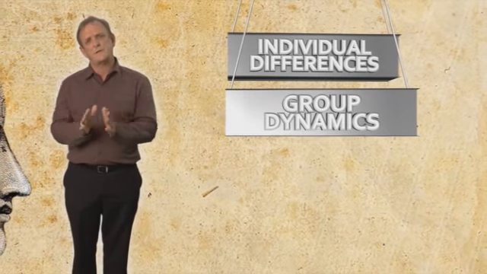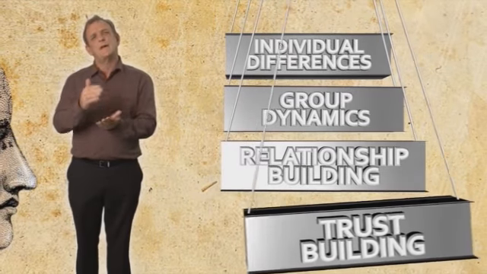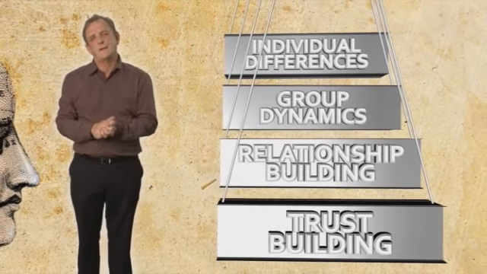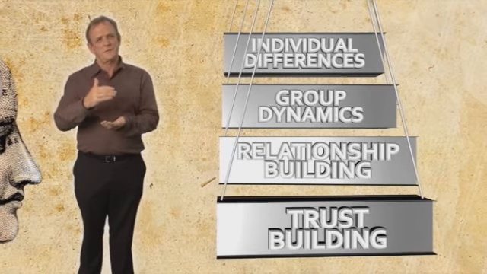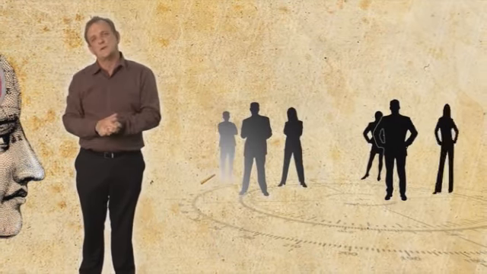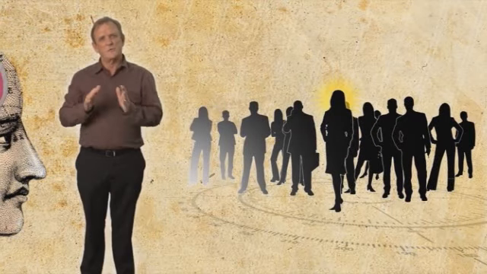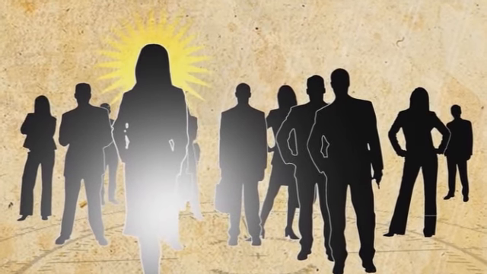And then finally we take a look at some of the issues around relationship building, trust building, and how that influences the way we work in boundary spanning relationships, across the boundaries of groups, across the boundaries of organisations, the role of leadership not just within the group but also at the edge and outside the group.